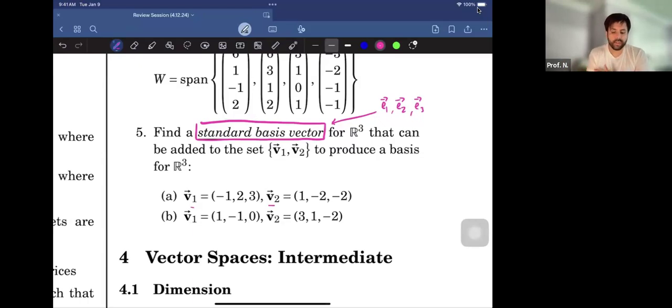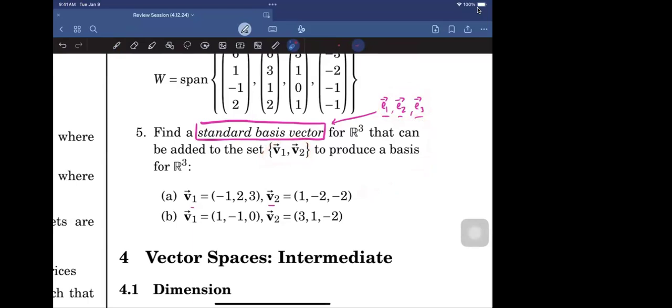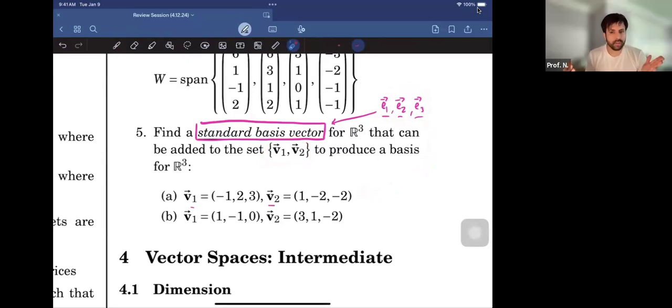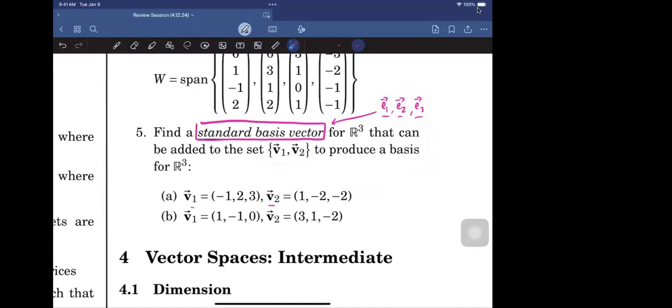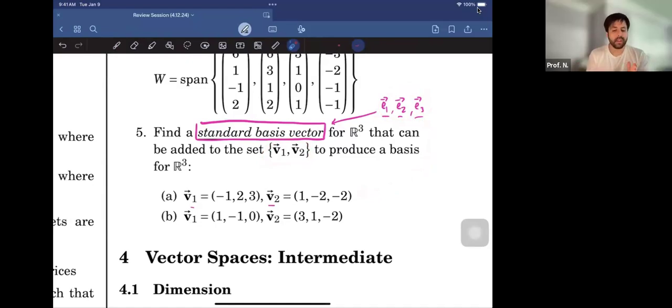Which one of these would give us a basis? Should I include e1, e2, or e3? One of them seems to be good. That's what the question is assuming, right? That one of these standard basis vectors, just adding it to the set of vectors, would make a basis.